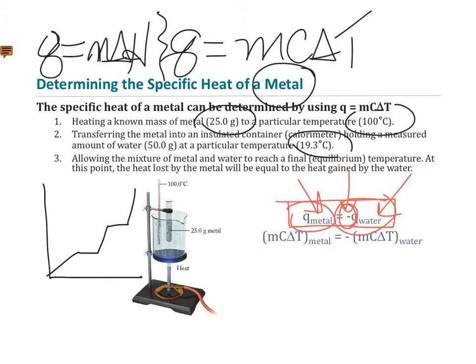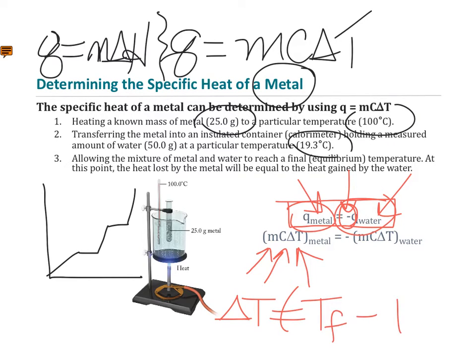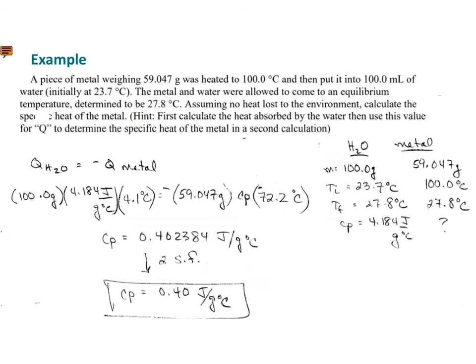And so then basically what you're doing is multiplying the mass of the metal times the specific heat of the metal times delta T that the metal underwent. Now, just a reminder here, change in temperature equals final minus initial. That's also important to remember, that order, final minus initial, okay? And then again, mass of the water, specific heat capacity of the water, and change in temperature that the water experienced. So here's a problem like that worked out.